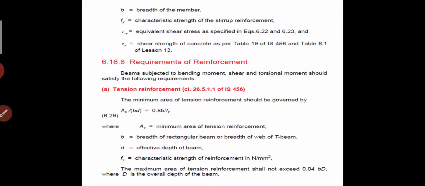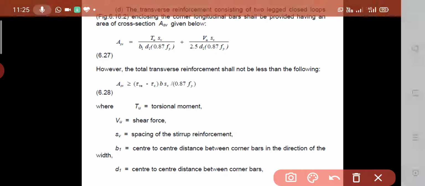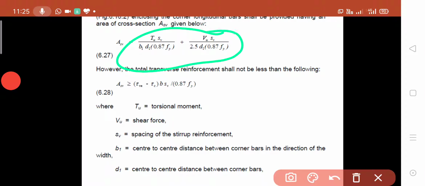This is the formula for ASV: Tu upon Sv upon b1 into d1 into 0.87 fy plus Vu upon Sv upon 2.5 d1 into 0.87 fy.